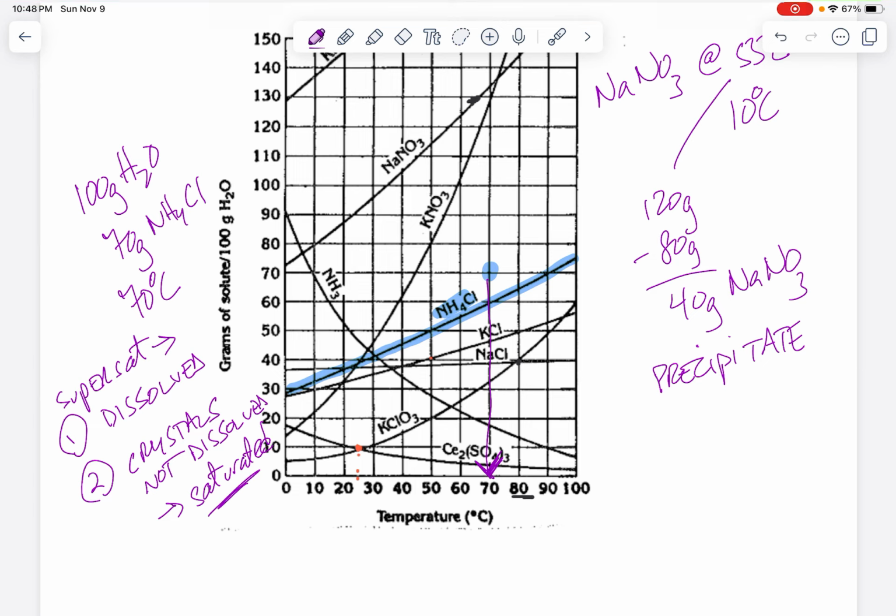So that's how we would handle a situation like this where, again, we have 100 grams of water, which is what our table is telling us. We're above the line. We would need to know more information about what everything looks like.